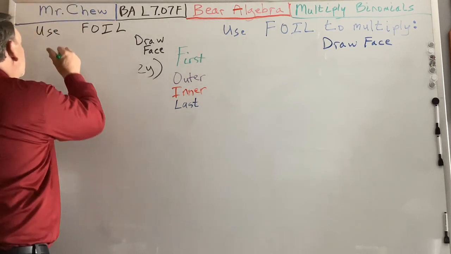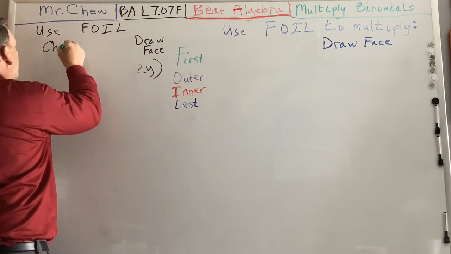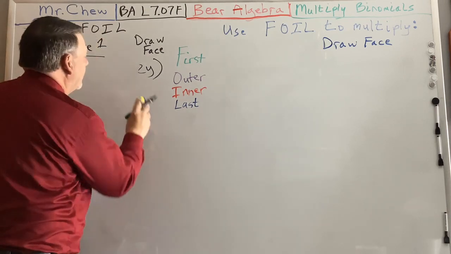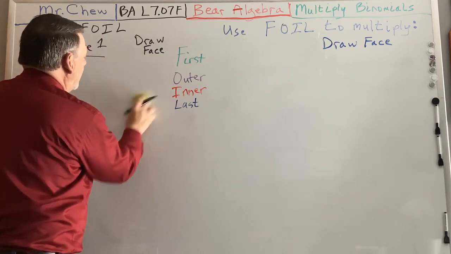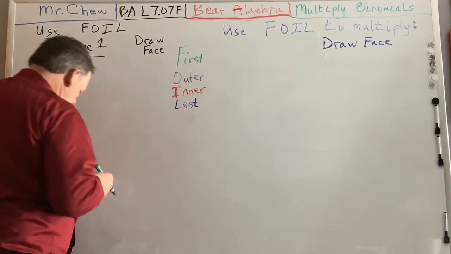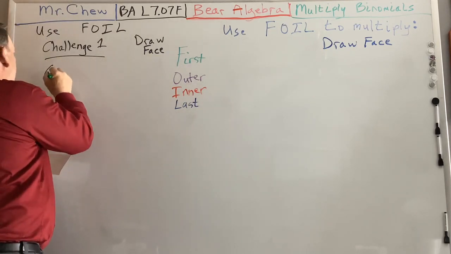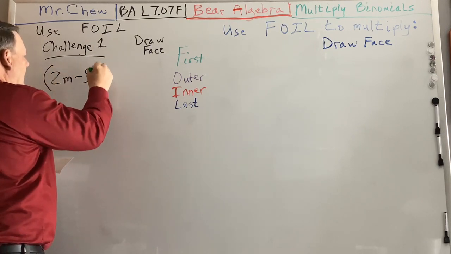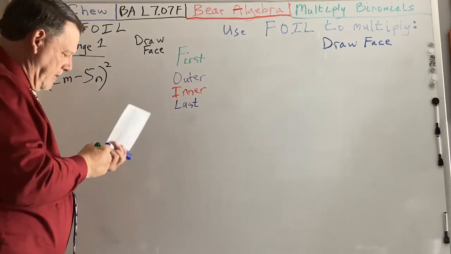Challenge 1. I can get it all erased here. All right, challenge 1 is the quantity 2m minus 5n and everything squared.